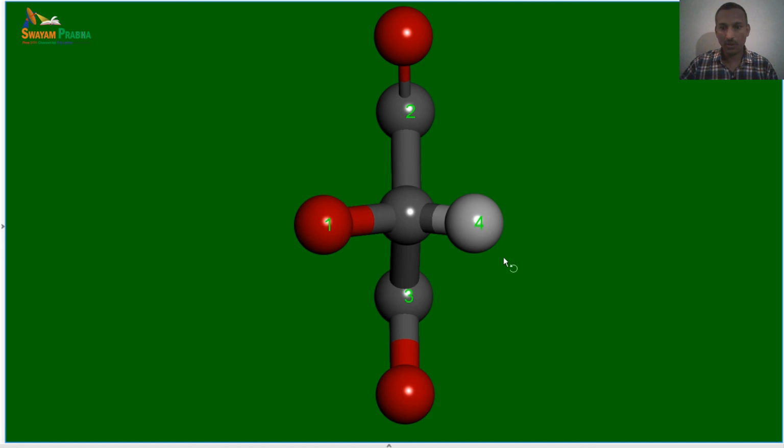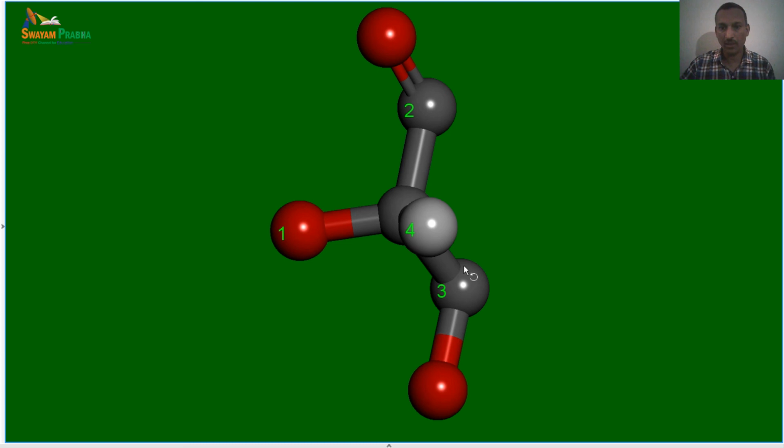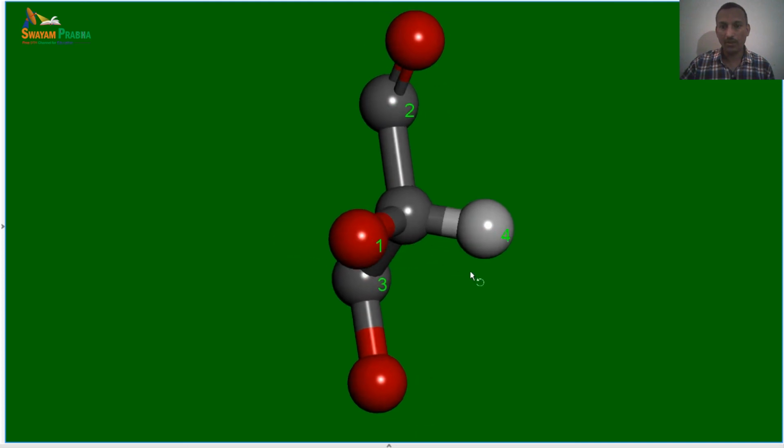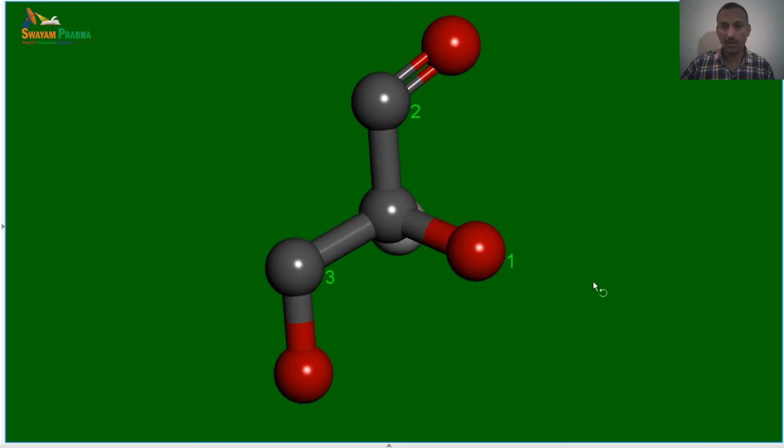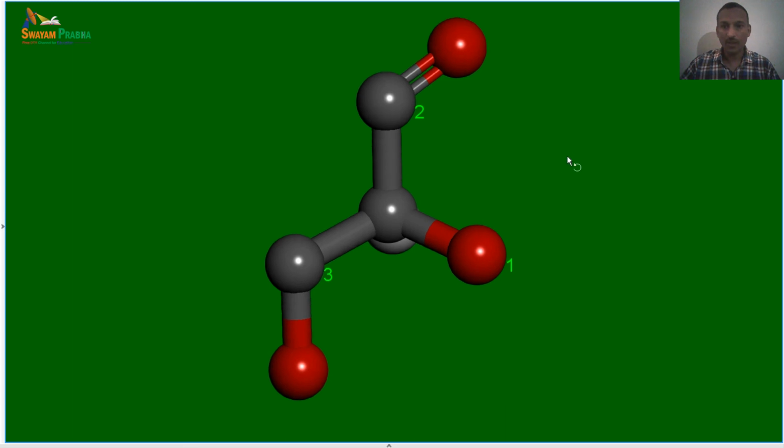If we look at the molecule, the hydrogen is actually pointing towards the observer. For RS nomenclature, the least priority group has to go away from the observer. So I rotate the molecule very carefully in such a way that the hydrogen goes behind. Now the hydrogen is away from the observer, and the highest priority group 1 is here, 2 is here, 3 is here.